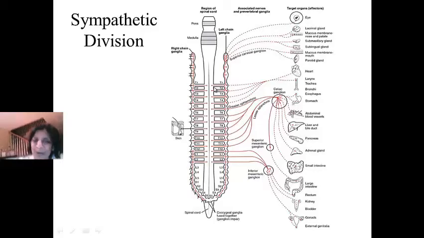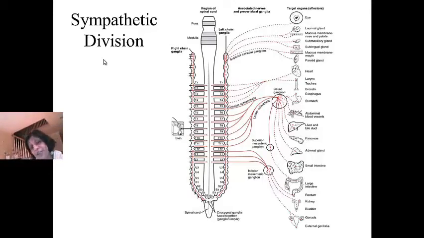If you notice here, the preganglionic neurons originate from T1 all the way down to L2. So this is the portion of the spinal cord that gives rise to preganglionic neurons. That's the reason why the sympathetic division is also called the thoracolumbar division.